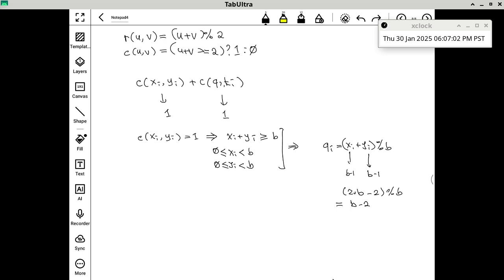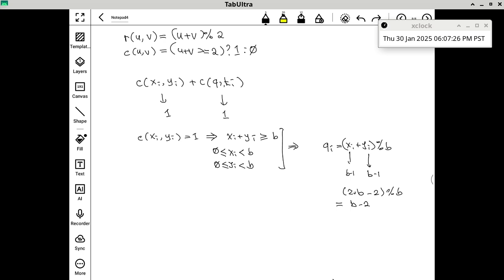Oh, wait. If b is 5, 5 minus 2 is also 3. So is that a formal mathematical proof of what I just said? Nope, that is not a formal proof, but it does give you a sense of, okay, it seems to work out for base 5. Now you can try other bases, and you will see the pattern does not change. Is that okay?